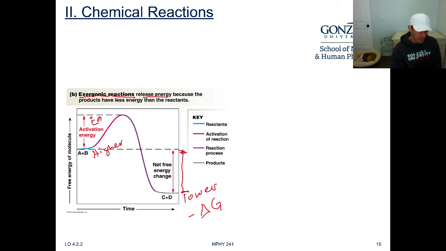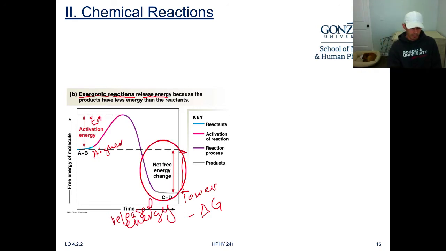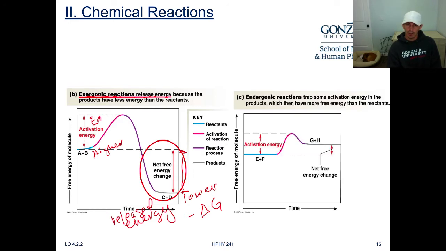And in the process, we have released energy, and that released energy will be harnessed to do some form of work, chemical, probably not chemical, probably transport or mechanical. Okay? On the opposite side of this, okay, is that endergonic reaction, a positive delta G, positive Gibbs free energy.